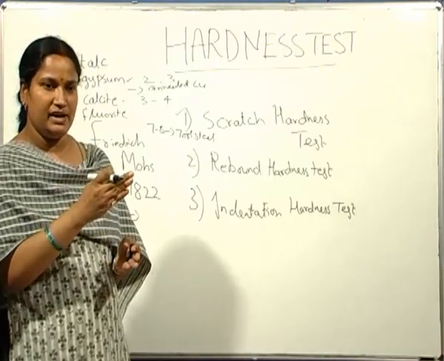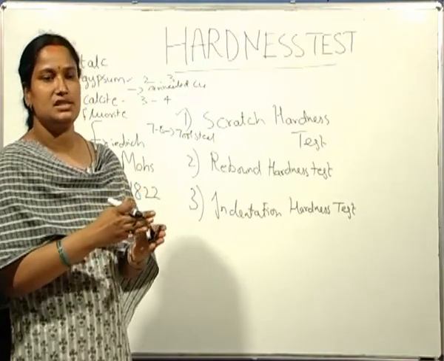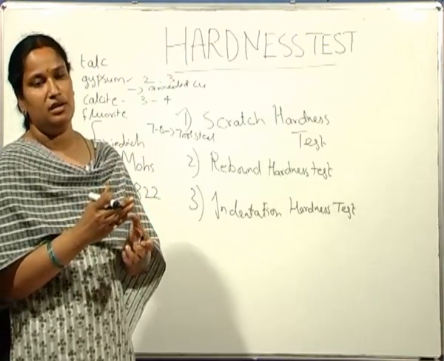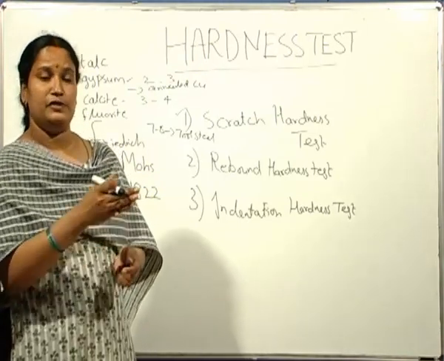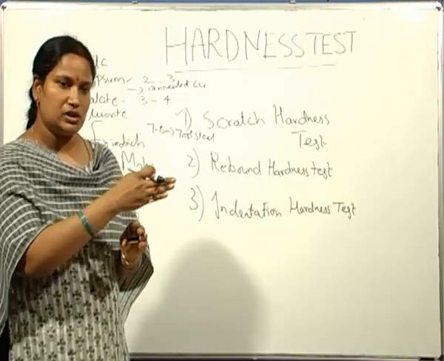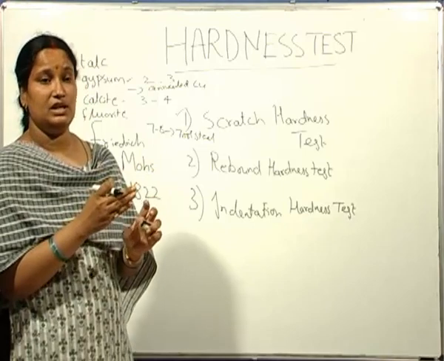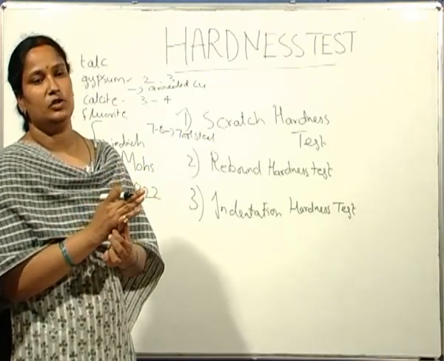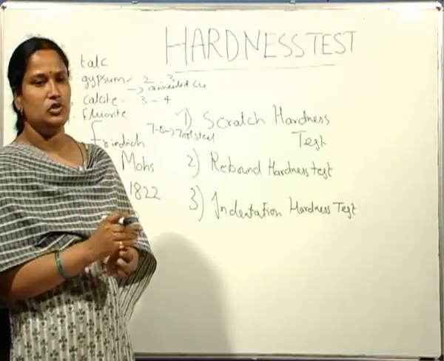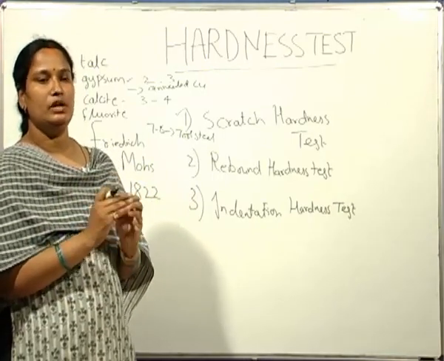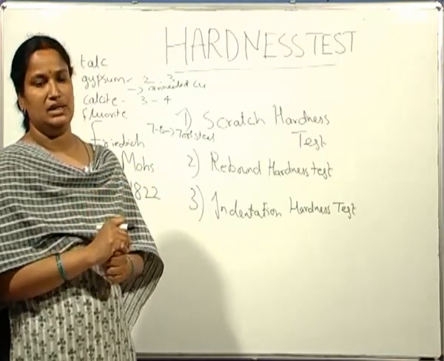If this file scratches the test material, it means the test material is softer than the file. If the file is unable to scratch the test material, it means the test material is harder than the file. So this is only used for comparative purposes, only for comparison between the materials.